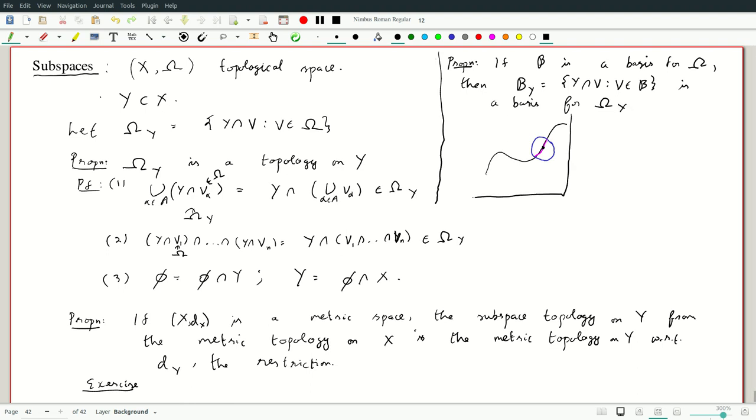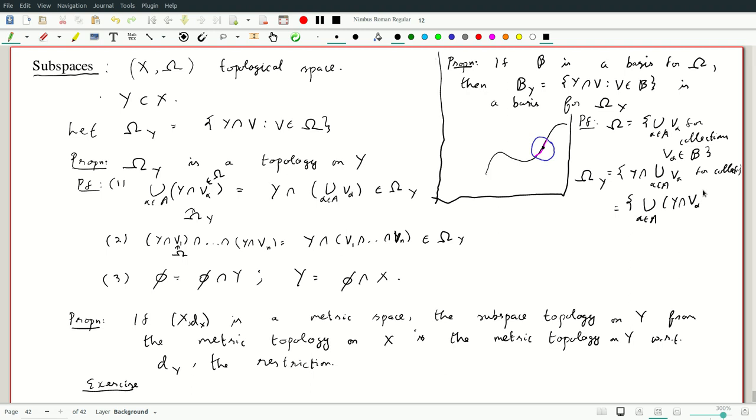The idea of the proof is that omega is exactly the set of unions over alpha in A of V_alpha, for collections V_alpha in B. Then omega_Y is Y intersection the union over alpha in A of V_alpha, for such collections, which is nothing but the union over alpha in A of Y intersection V_alpha.